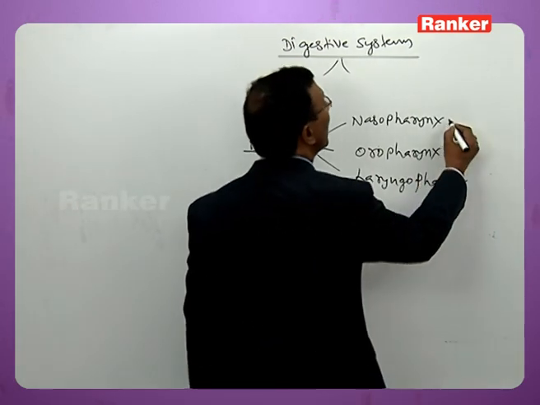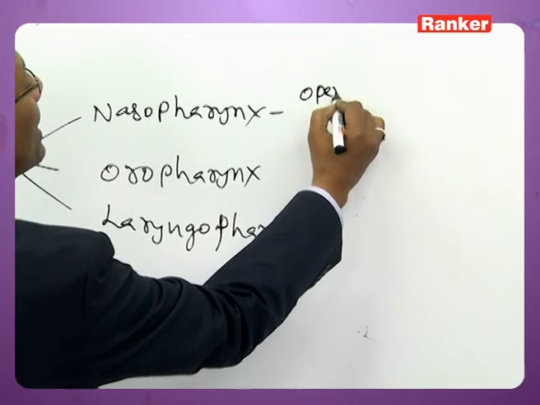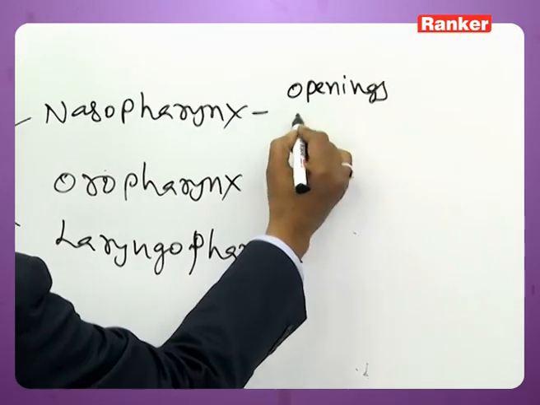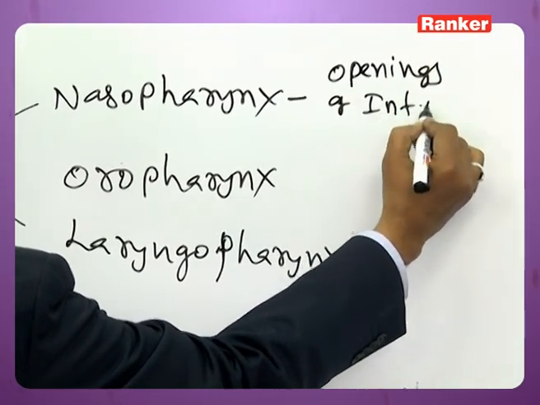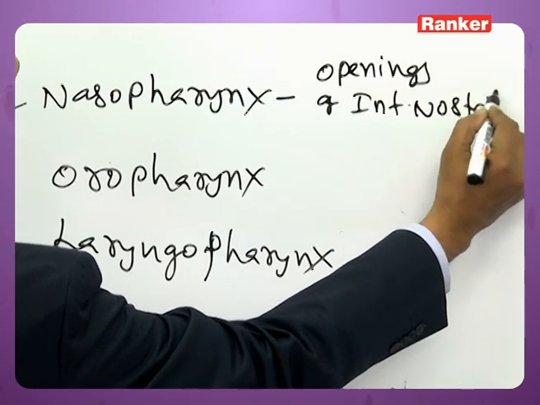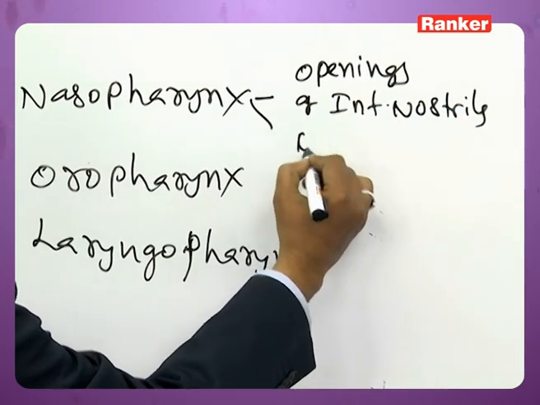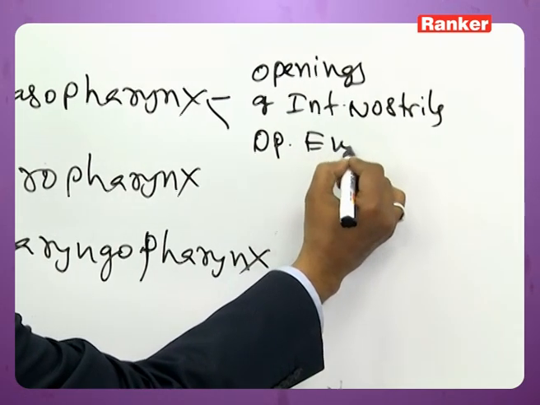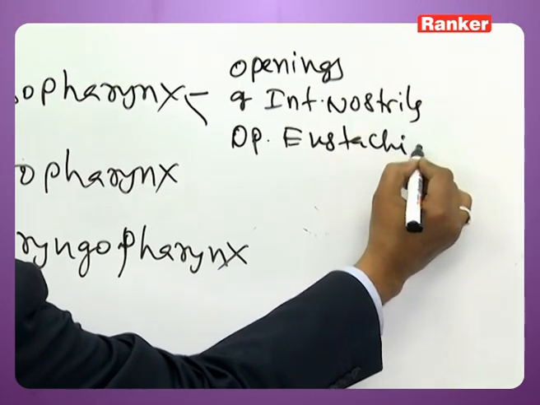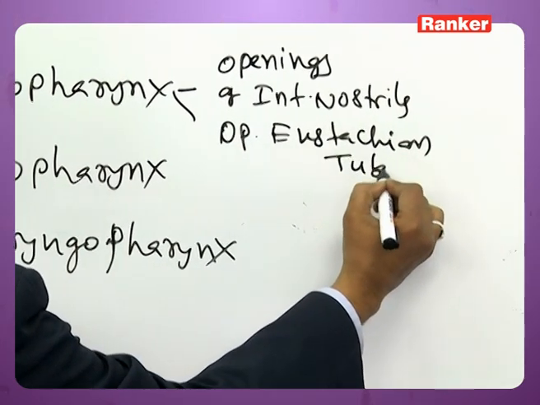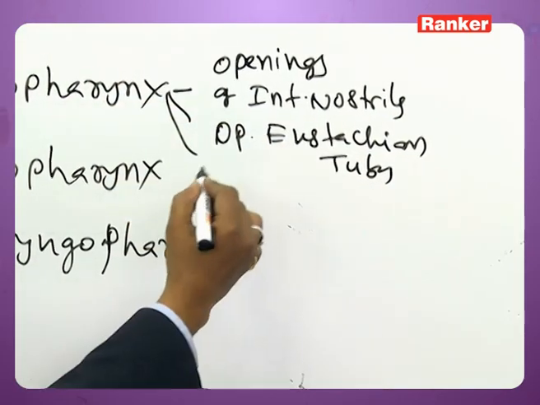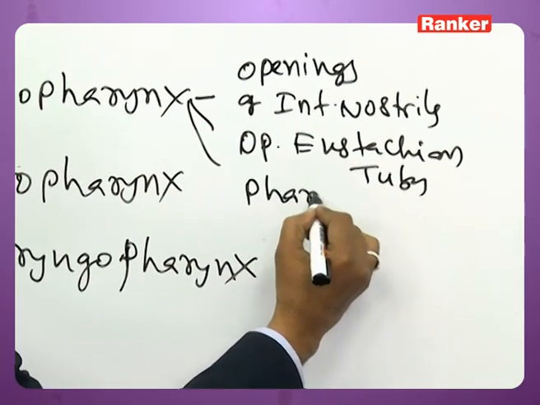Nasopharynx internally contains the openings of internal nostrils, then the openings of eustachian tubes, then the pharyngeal tonsils.